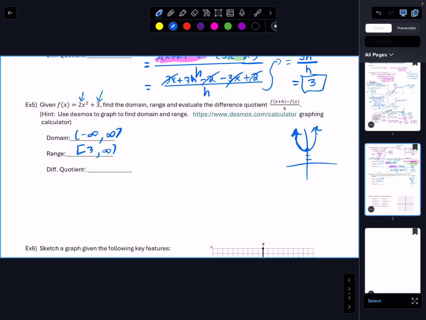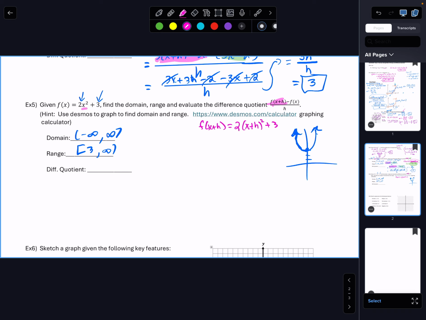All right, for the difference quotient, you're going to need f of x plus h, which is going to be 2 quantity x plus h squared plus 3. That is going to be what you're plugging in for this part right there.